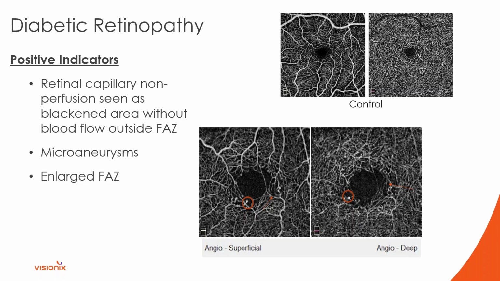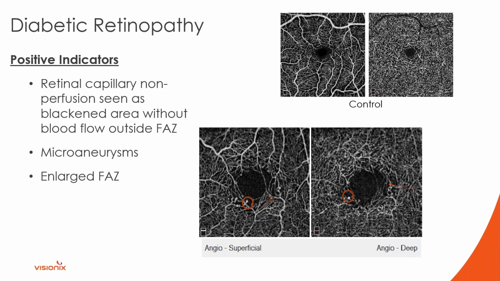Remember that OCT angiography can only image blood within the blood vessel. Remember, red blood cells within the blood vessel. So microaneurysms will image most of the time on OCT angiography, but hemorrhages will not, because hemorrhages are leaking out of the blood vessel.